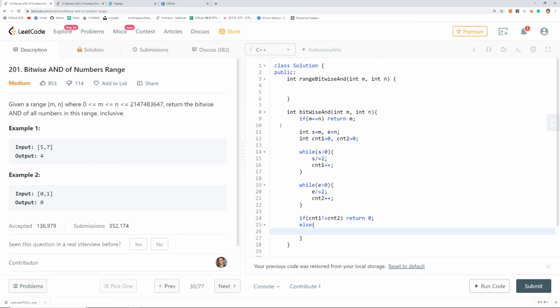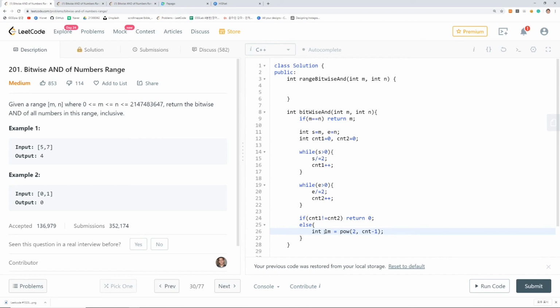That number would be the leftmost number. It becomes the power of 2 to count minus 1. This number is our important number.